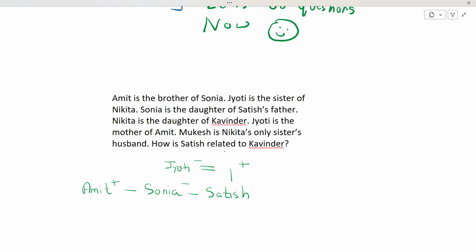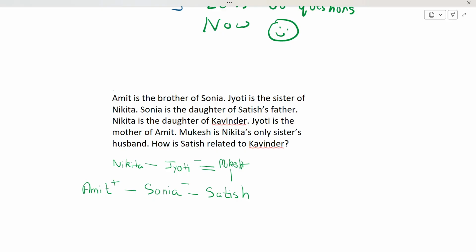Now, Mukesh is Nikita's only sister's husband. That means I can say that Nikita's only sister is Jyoti and Mukesh is hence the husband.